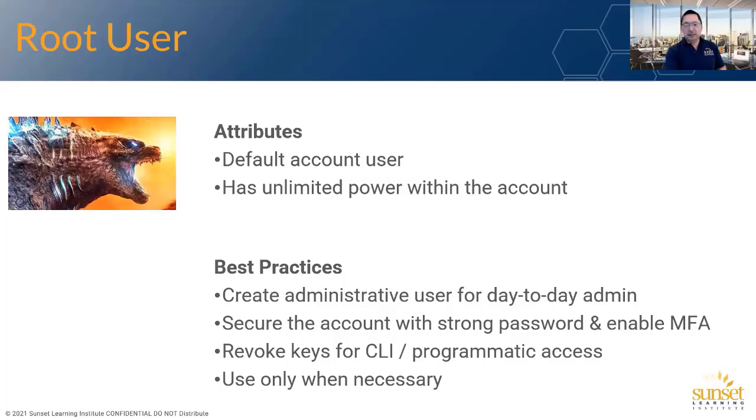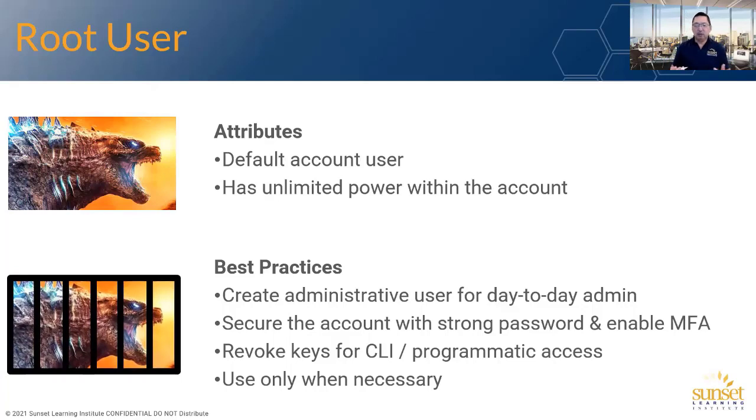In AWS land, when you create a user, that user will have a username and password associated with them. You can further enable other security credentials on that user using multi-factor authentication. Those users can also access things programmatically or from the command line, so you're given the option to create special keys for them to use at the command line or programmatically through applications.